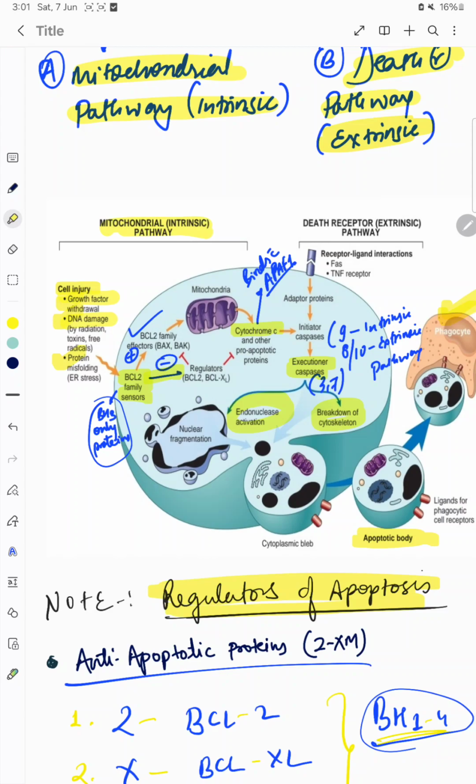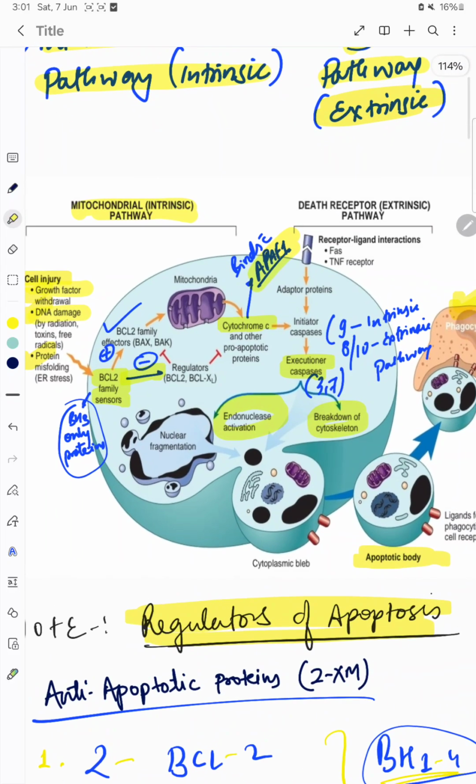The mitochondria release mitochondrial proteins named cytochrome C and other pro-apoptotic proteins. Then they bind with APAF-1, apoptotic activating factor 1, and ultimately activate the caspases.